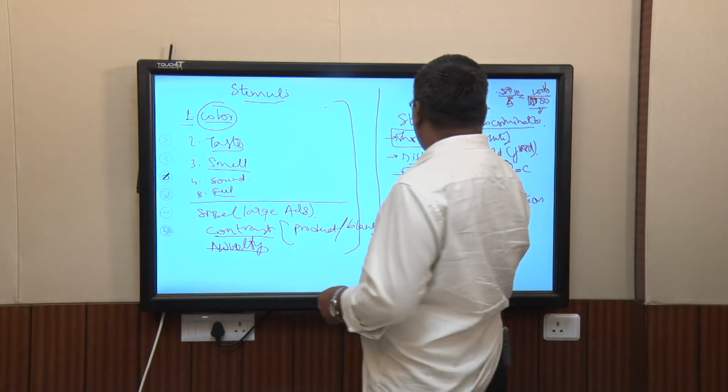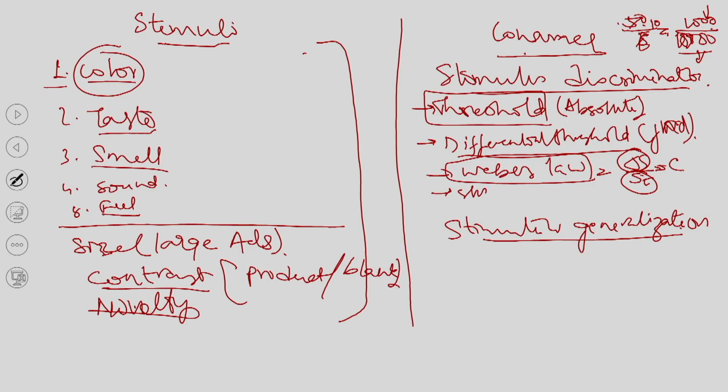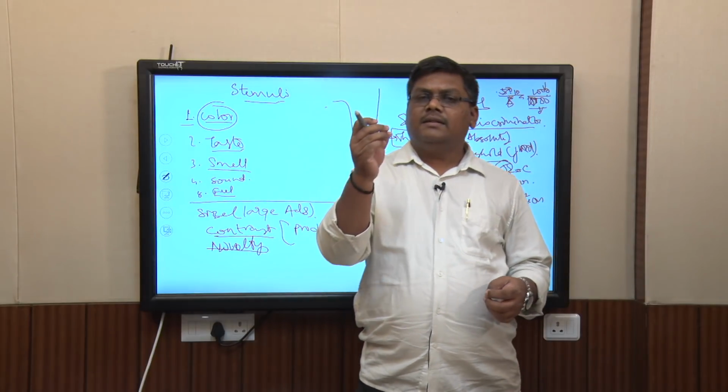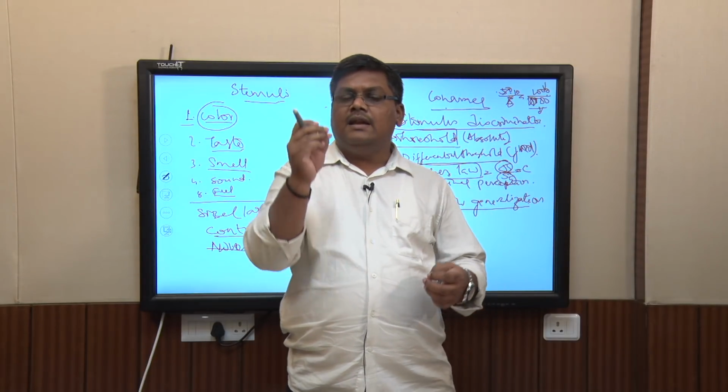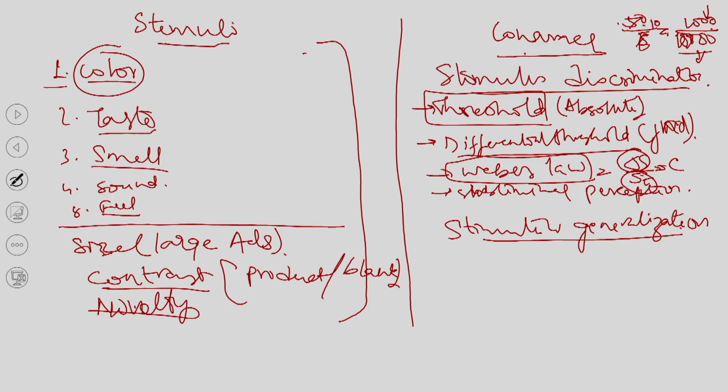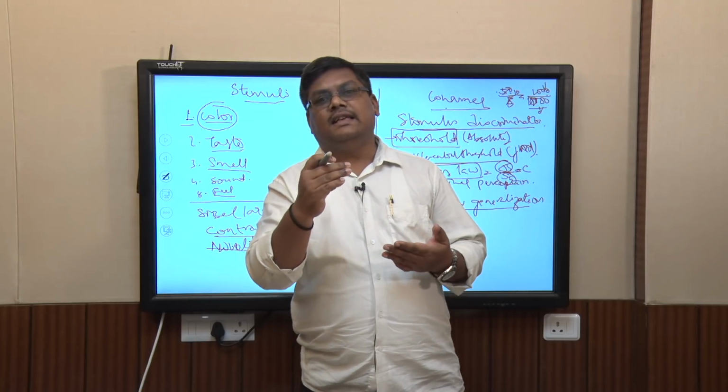And then there is the idea of something called subliminal perception. And what is subliminal perception? Subliminal perception is where stimuli are presented to people below their threshold. Now, as I said, threshold is that minimum amount of stimulus which is necessary for someone to understand that a change has happened, right.